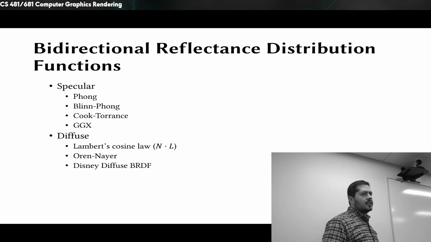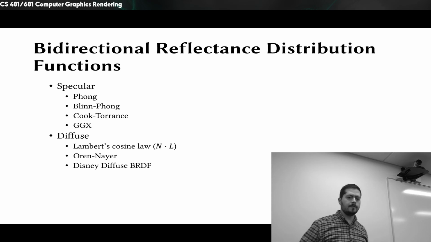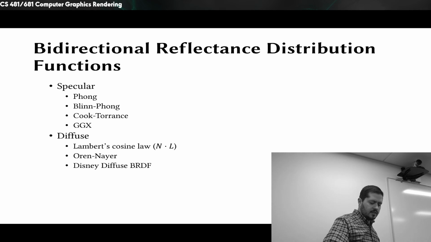It's good to have that in your mind because we're going to categorize these even more. We might have instances where the model we're using is physically based and not physically based.